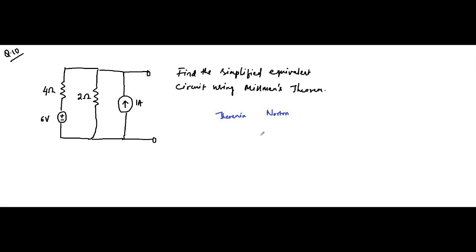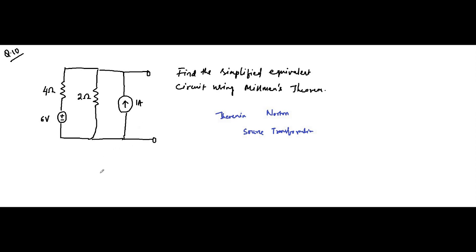Here we have to use source transformation. I have already discussed source transformation in basic circuit analysis, so you can watch the videos in the circuit theory playlist. Here we convert this current source into a voltage source using source transformation.